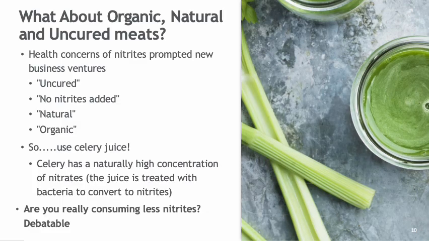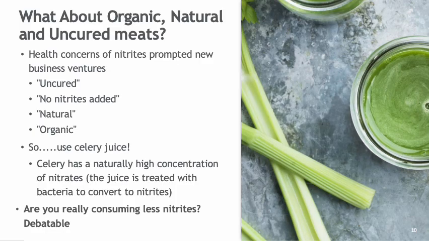So there's this controversy: nitrites are used in cured meats and deli meats, so what about organic, natural, and uncured meats? Consumers have had health concerns about nitrites, and then there were new business ideas or new claims like uncured, no nitrites added, natural, organic. But nitrites are so important in processing and to make our daily meats safe.